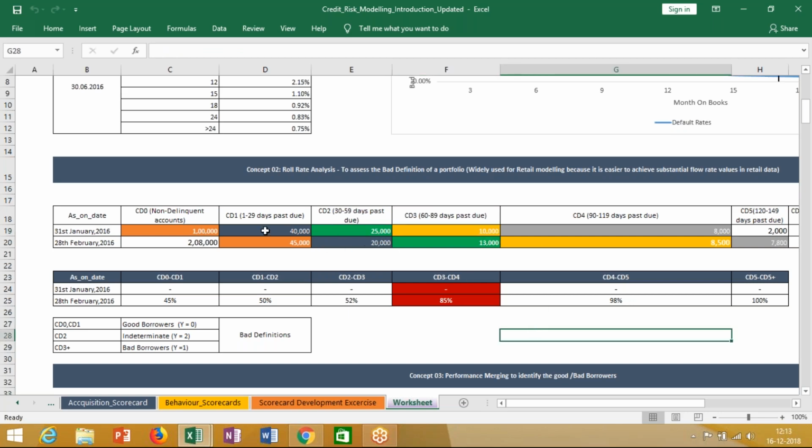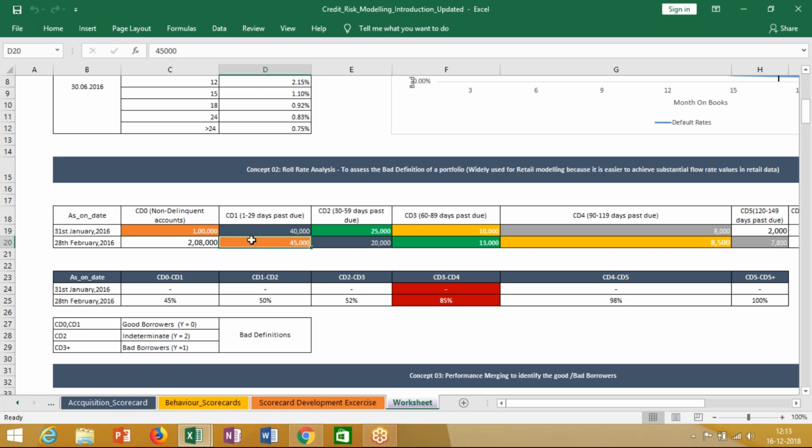Now, what I see is that when I reported on 28th Feb 2016, some new acquisitions have happened and the balance in this part has gone up to 2,08,000.